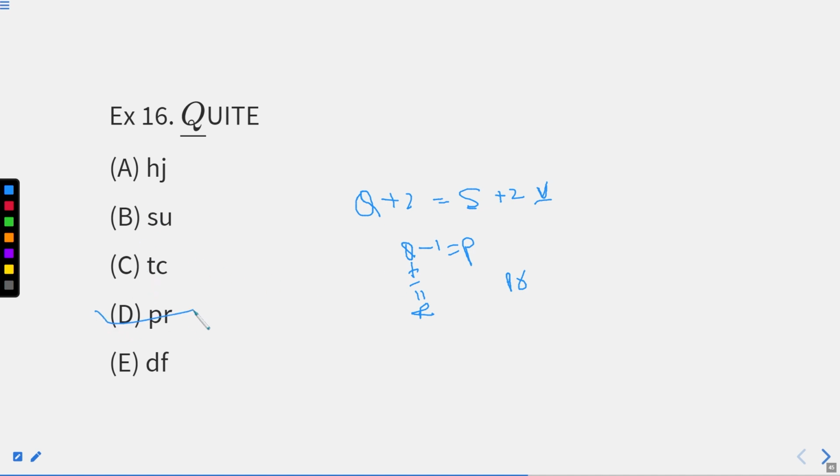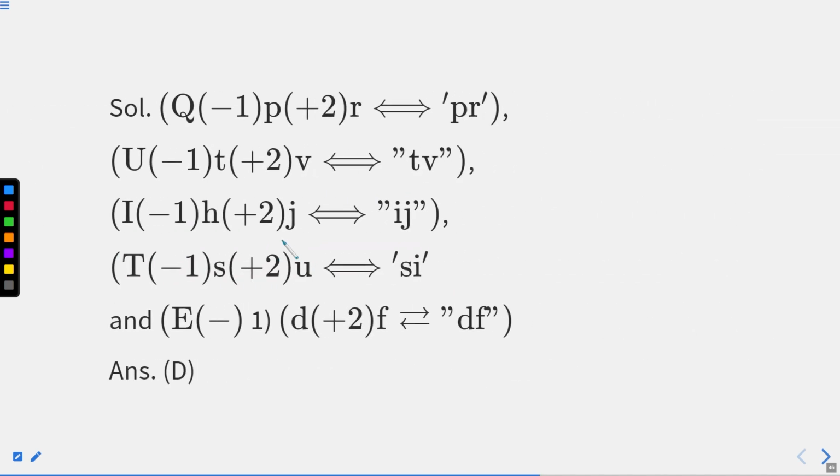Yes, PR is option D. So this is one odd method we can find, or we can directly write P plus 2, that is also R. In either method, we are going to get close to our answer. So I'll directly take you to the answer part.